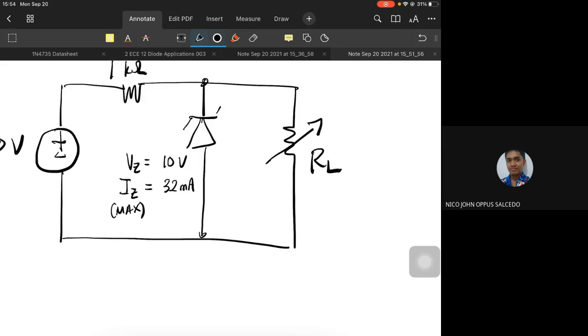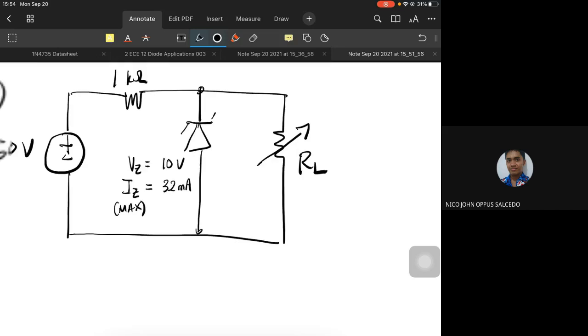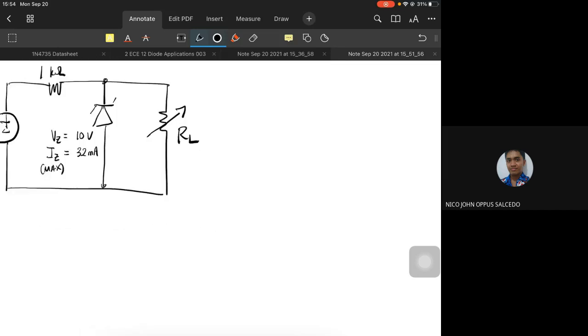So, the question here is, find the minimum value for RL to turn the Zener diode on.